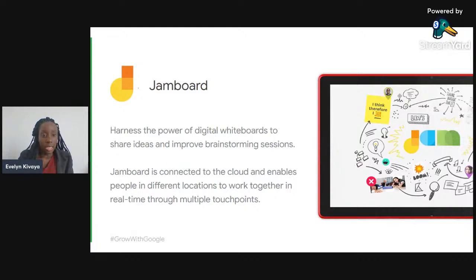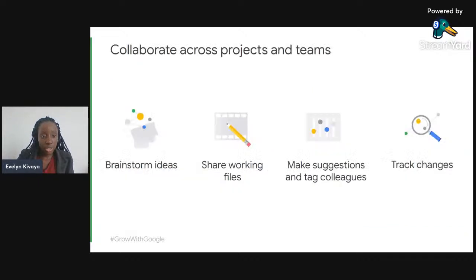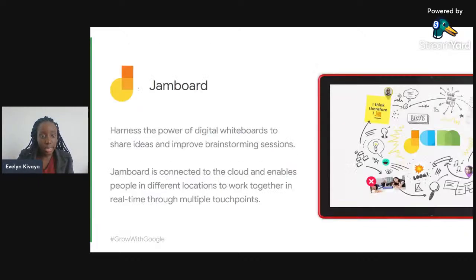So the first tool that we're actually looking into is Jamboard. Jamboard is used to harness the power of digital whiteboards to share ideas and improve brainstorming sessions. For example, I tell my team that we've got a brainstorming session for us to actually come up with wise ideas, we can maybe use this tool called Jamboard.